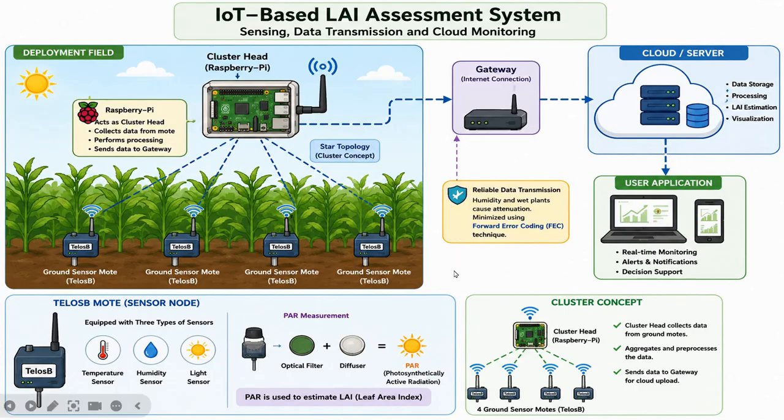Finally, the farmers and the researchers can access the analyzed information through computers or smartphones. The system supports real-time monitoring, alerts, decision support and precision farming, helping the users to improve crop management, optimize resource usage and enhance agricultural productivity through IoT enabled smart farming technologies.